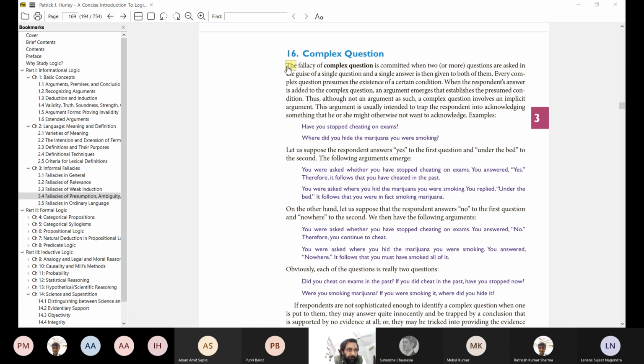Umar Khalid's bail hearing is happening right now. Somebody said, look, you're a friend of Umar Khalid. Why are you a friend of an anti-national? And you might say, hey, he's a really nice guy. But if you say that, then you've already bought into this presumption that he is anti-national.